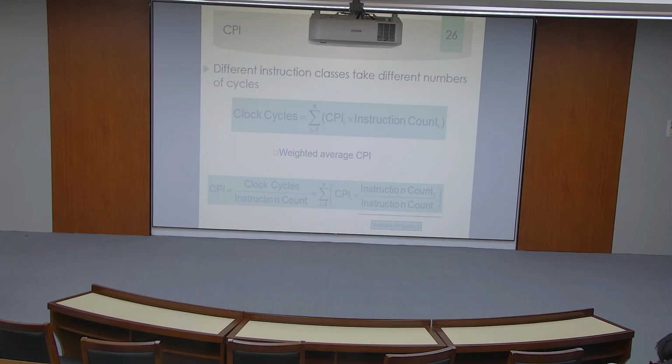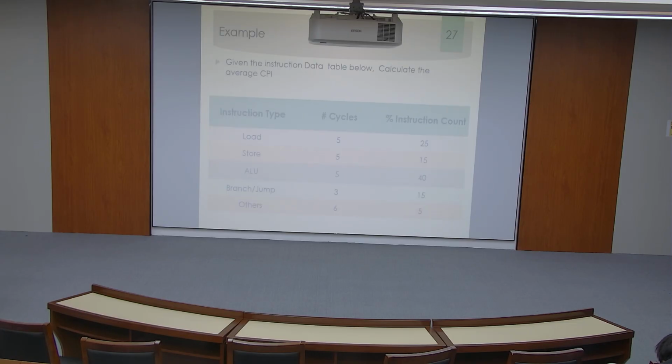Here we have a simple example. Given the instruction data below, we need to calculate the average CPI. We have different instruction types. For the first column, we have load instruction, store instruction, arithmetic logic unit instruction, branch or jump instruction, and others.